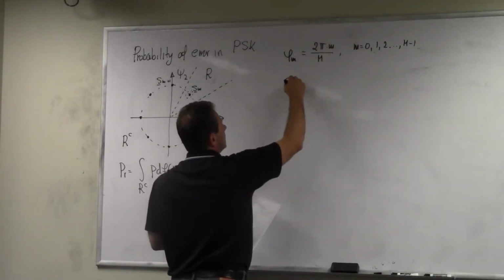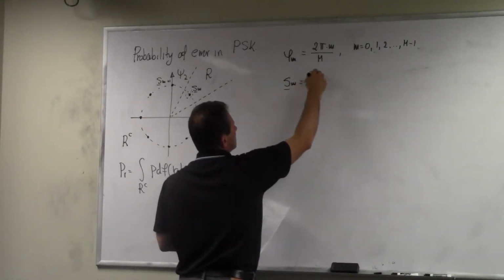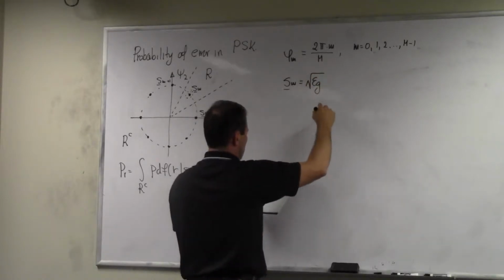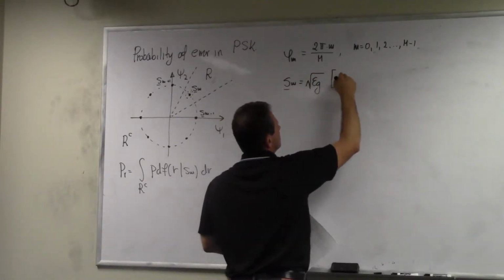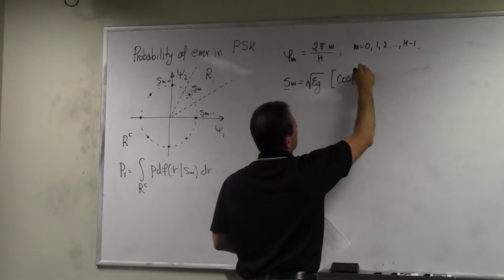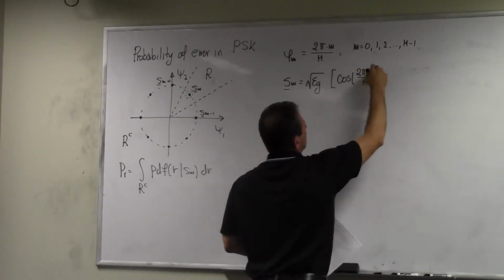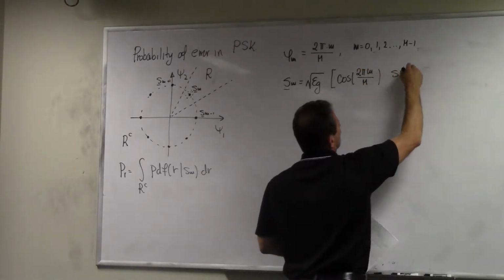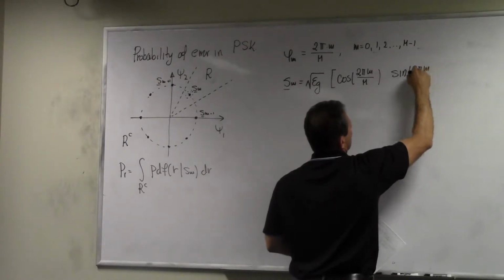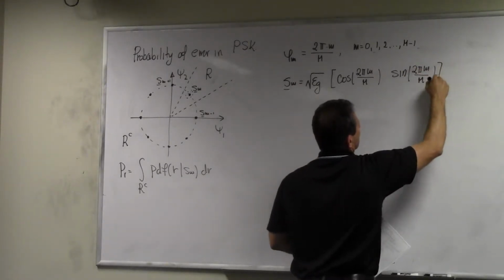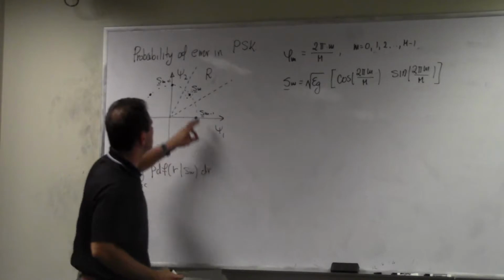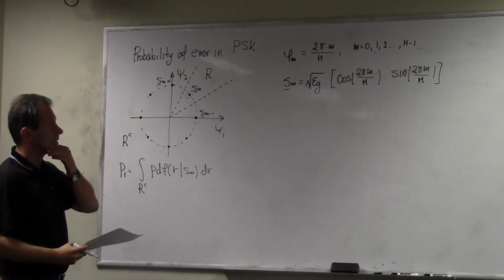Sm is going to be a vector that has distance square root of energy, but has coordinates cosine 2 pi m over M, and then sine 2 pi m over capital M. So that's this particular vector here.